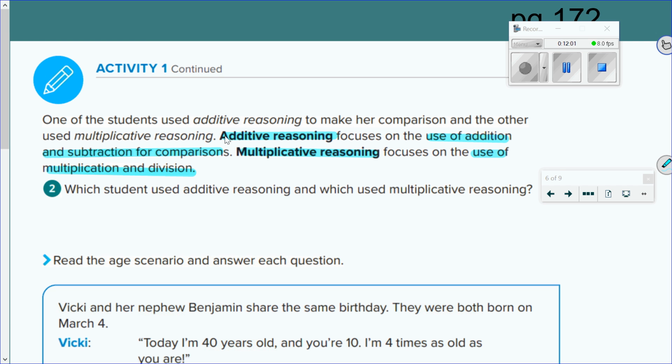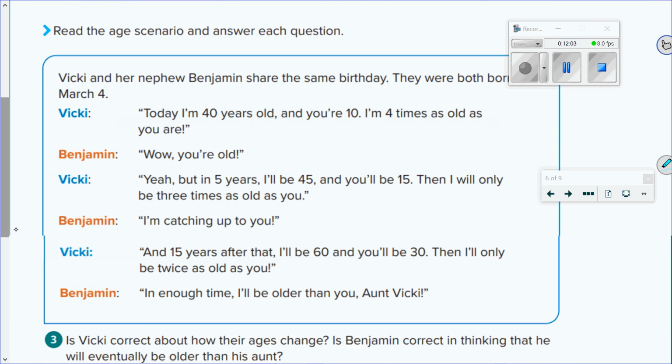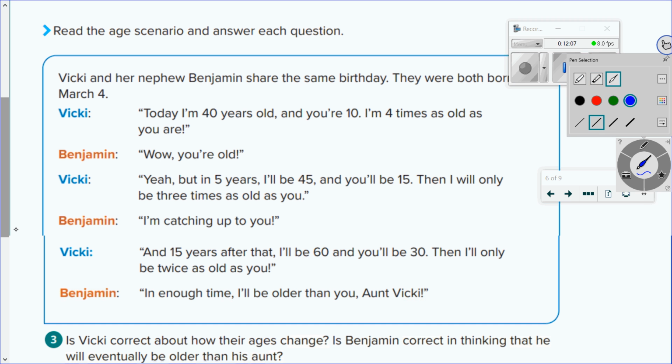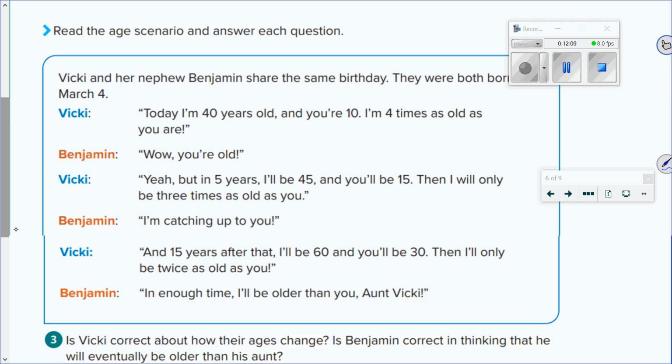But now we've got another scenario. Vicki and her nephew Benjamin were sitting and talking. Vicki says, "Today I'm 40 years old, you're 10, I'm 4 times as old as you are." Her nephew Benjamin is like, "Wow, that's cool, you're old." Vicki says, "But in 5 years, you'll be 15, I'll only be 3 times as old as you."